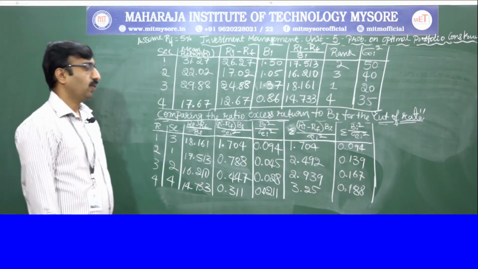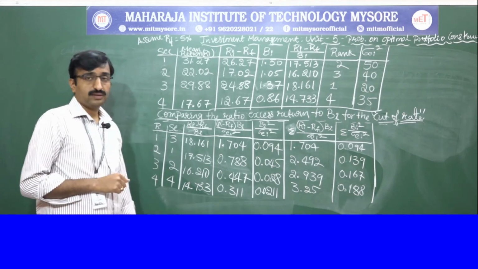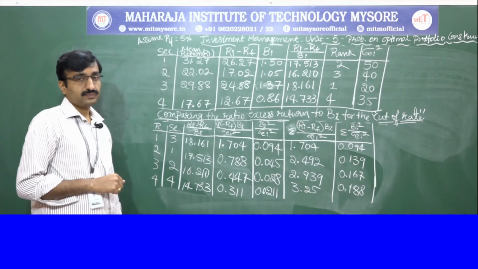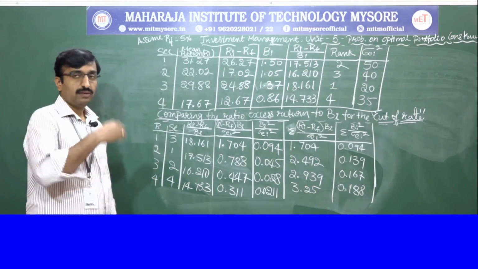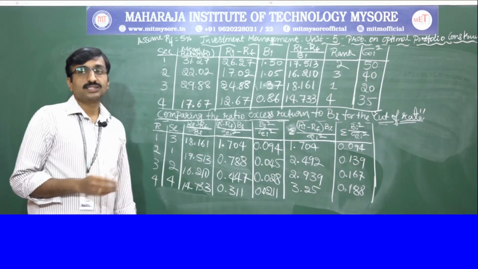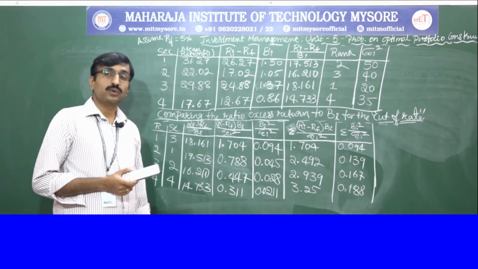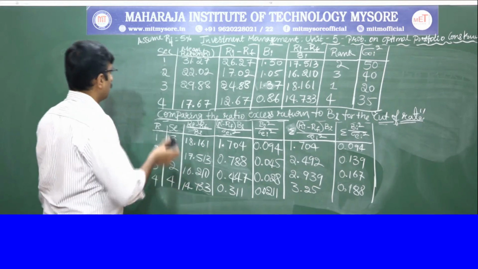Cumulative of beta square divided by standard deviation Ei square. Okay, this is how we have to do it. Shall I rub it? So then we have to find out cutoff rate, then later on each security Z value, that is percentage of each security we have to find out. So I will just rub it.